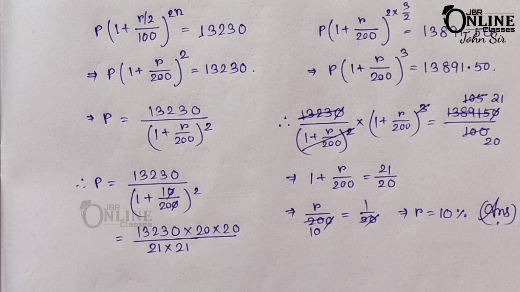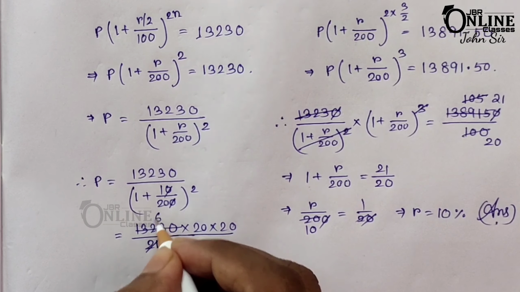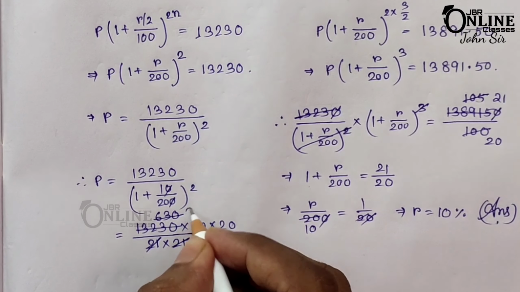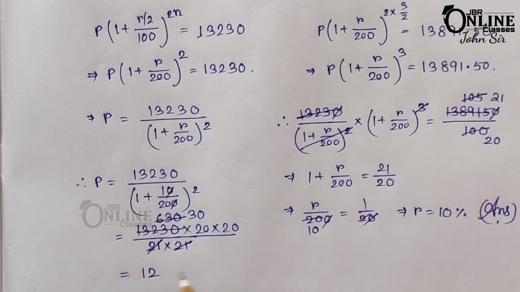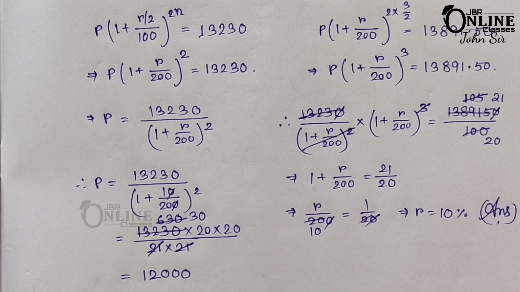So now 13230 divided by 21 becomes 630, then again divided by 21, it becomes 30. Okay, so 3 into 6 and 6 into 2, 12, and how many zeros are there? 3 zeros. So it becomes 12,000 as your answer.